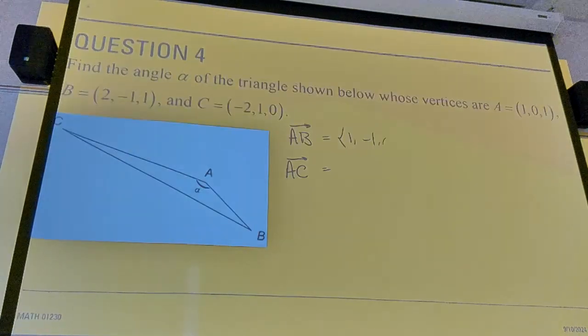Yep. 1, negative 1, 0. Right, terminal coordinate minus initial coordinate, each one. What about AC then?